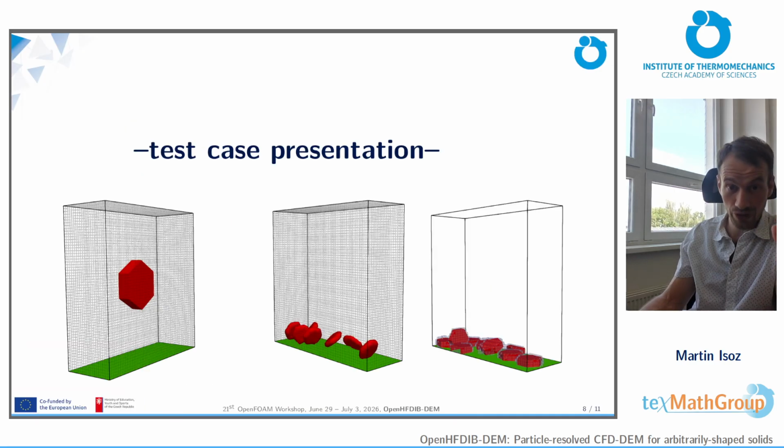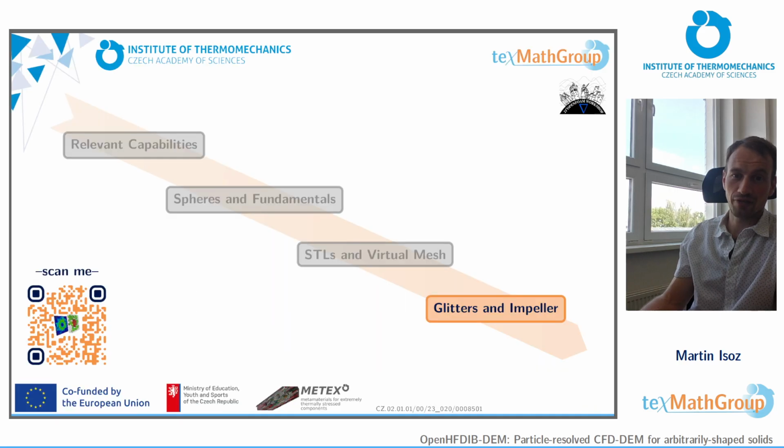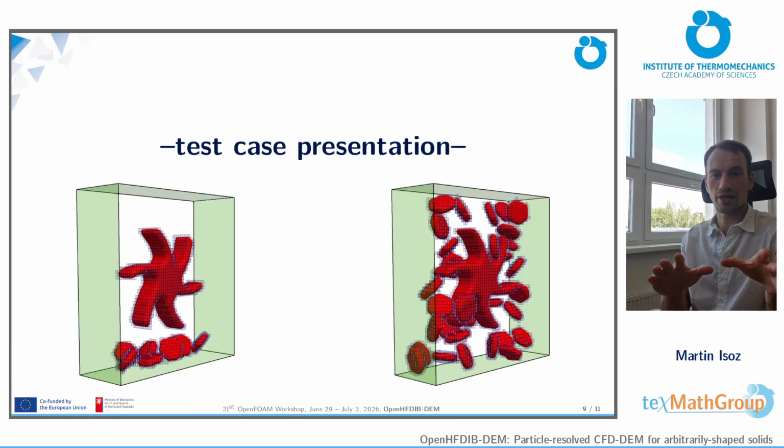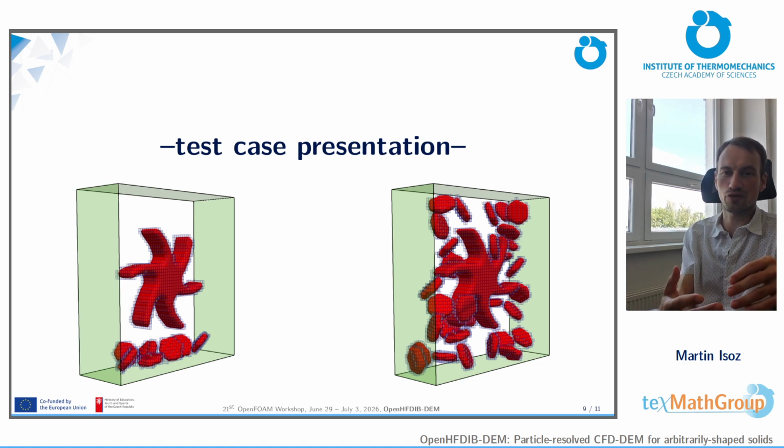For this we will use our favorite glitters, so one glitter and several glitters will fall through the domain. And finally, as always, we will take a look at glitters and impellers. And with that, I will end this part of the presentation and leave you in the capable hands of my colleague Ondřej Stujeník. We will go through the individual test cases.